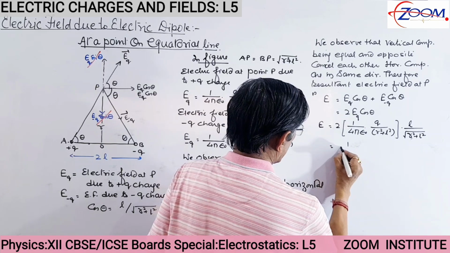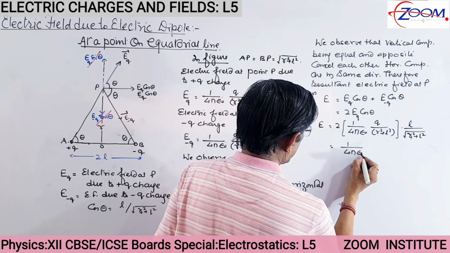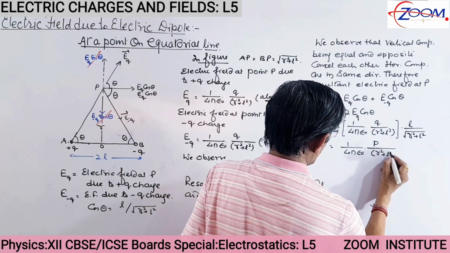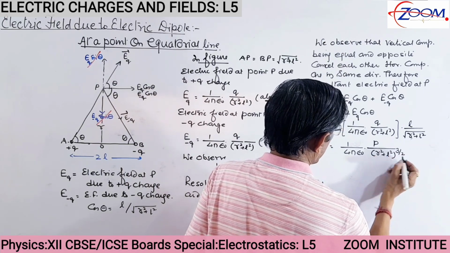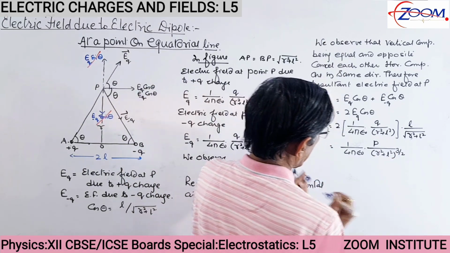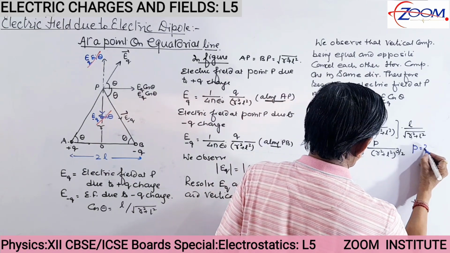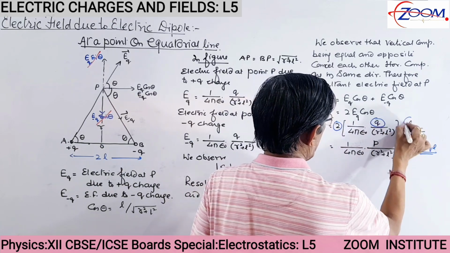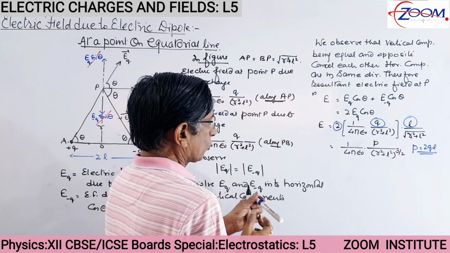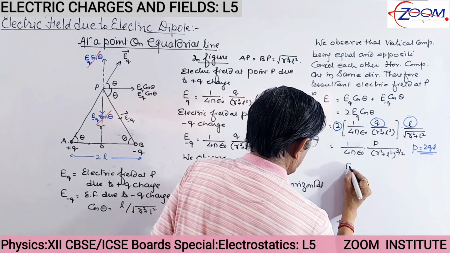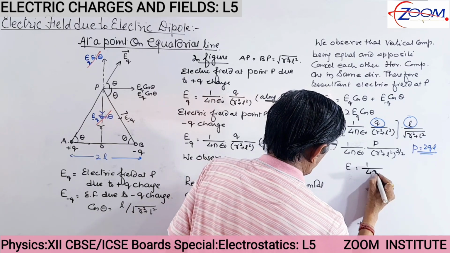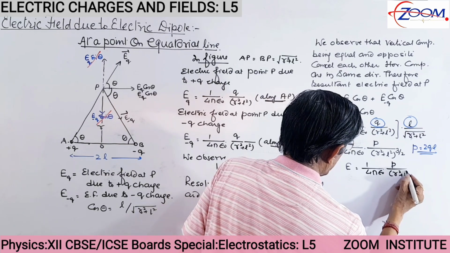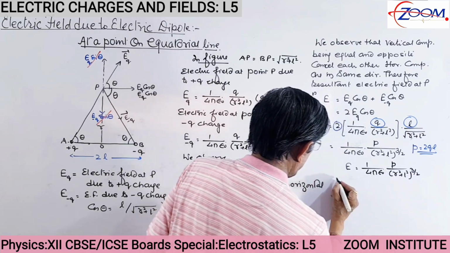So that is equal to 1 upon 4 pi epsilon naught p upon r square plus L square whole power 3 by 2.